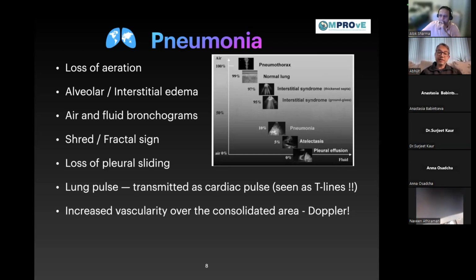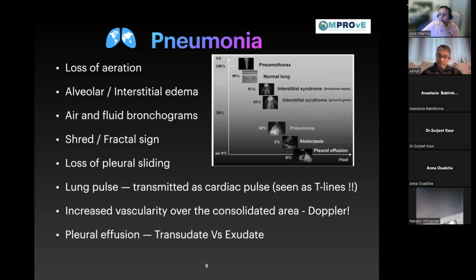So the body will mount an immune reaction by increasing the vascularity to get the white cells to the area. And increased vascularity is a sign of pneumonia, which will be shown to us by the Doppler. Then as the pneumonia progresses, you can have parapneumonic effusions, which will be a pleural effusion.